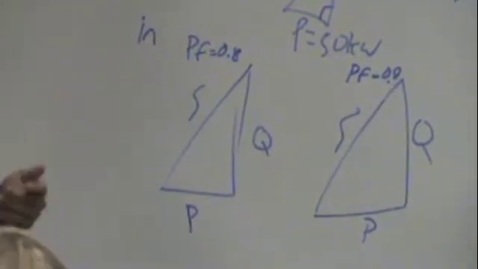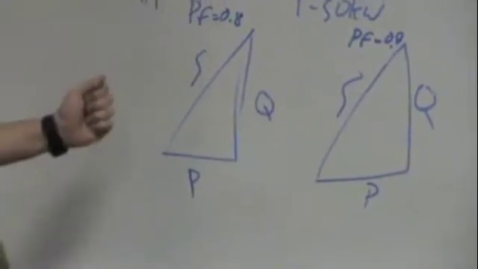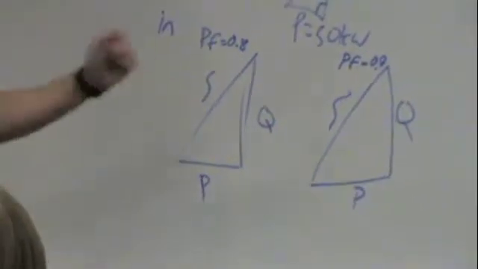And then using that capacitor number, we will find out the size of the capacitor. Is that making sense to folks? See where we're going? We're going from one triangle to the next, and then from the second triangle to the capacitor.